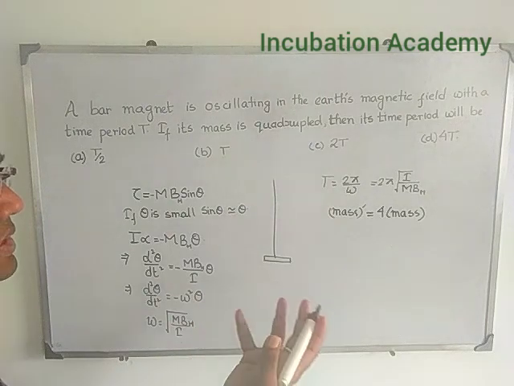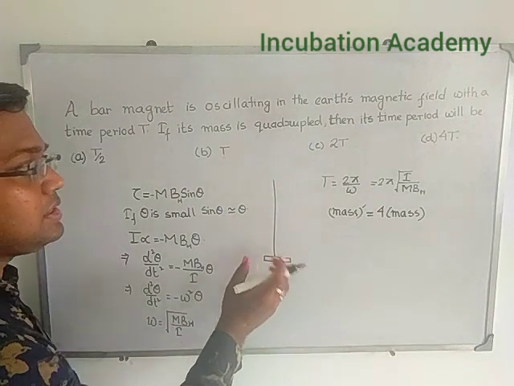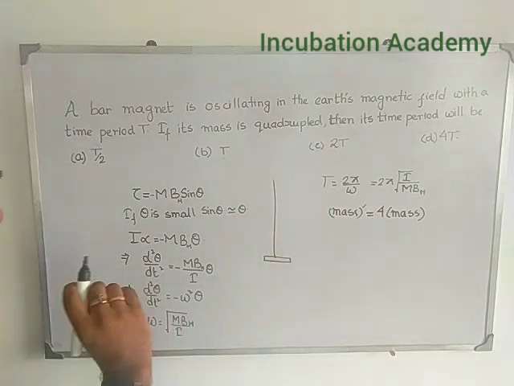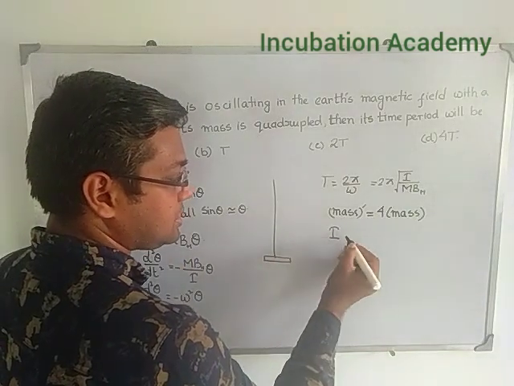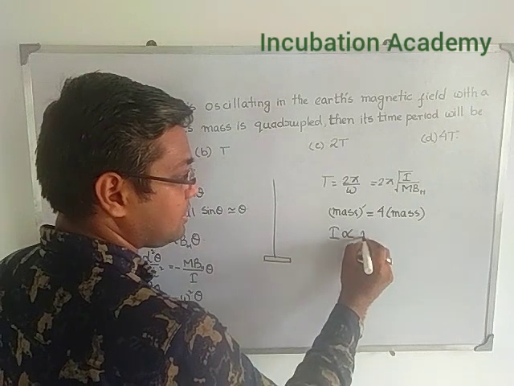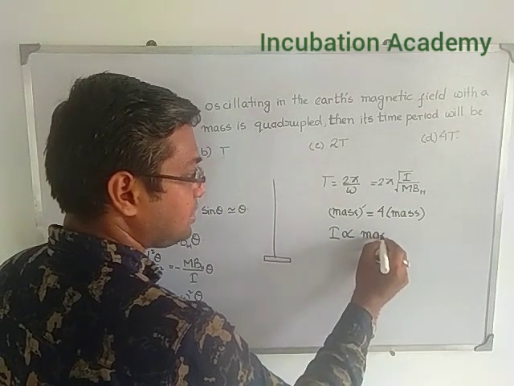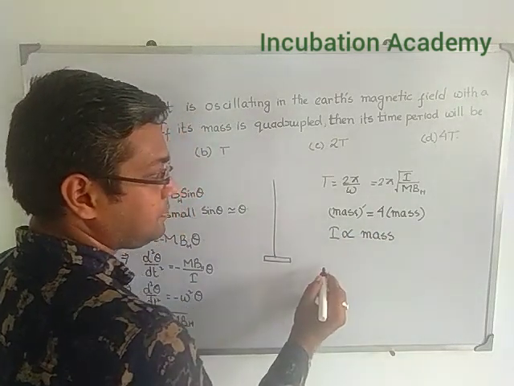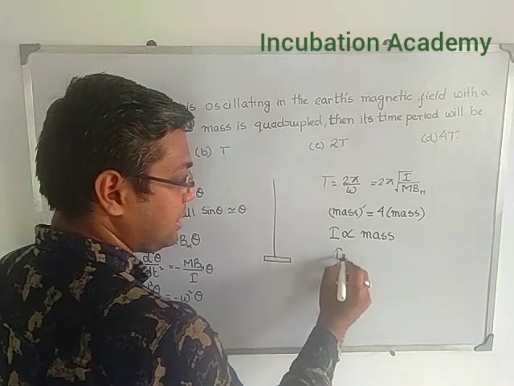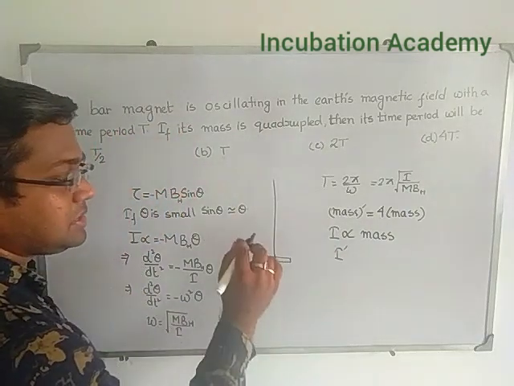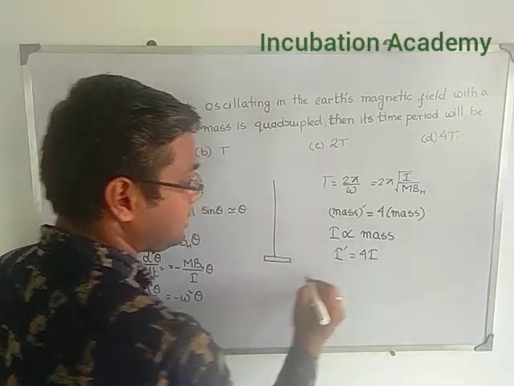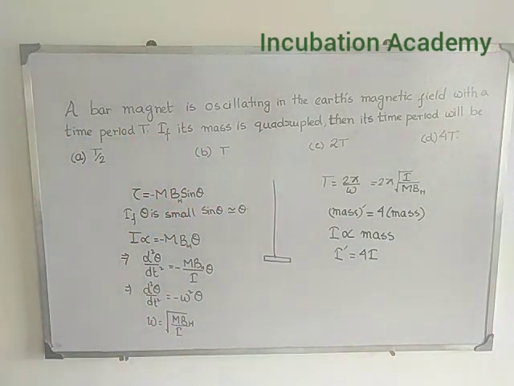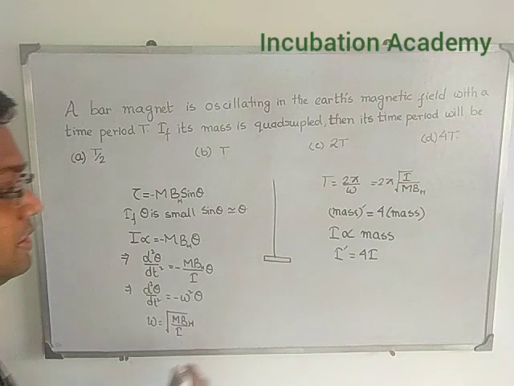That means the density increased, that's why the magnetic length is not increased but the mass is increased. Since the moment of inertia is linearly proportional to the mass, I prime due to the change in mass becomes 4 times the previous one. Therefore I prime is equal to 4I.